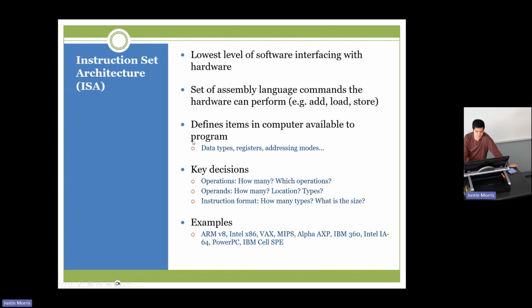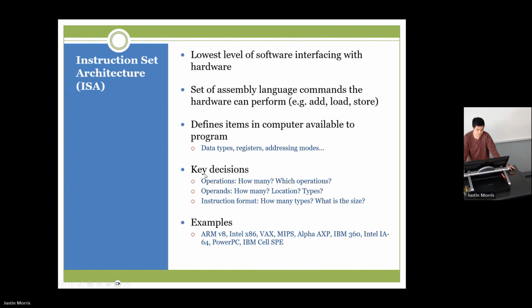And we also define the different components of the CPU. So what are the different data types? What is the number of registers? How large are these registers? And different addressing modes. Can I only access memory by register? Or can I have a register plus some immediate offset?